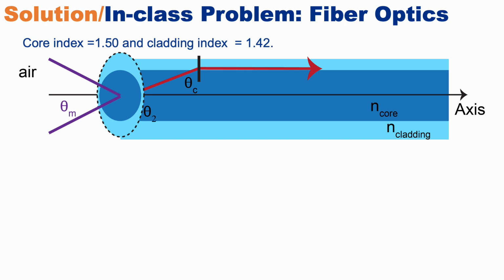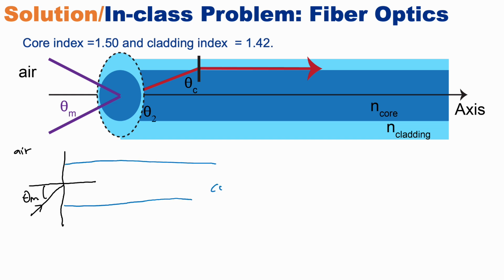Let me try to sketch this. This is going to be my air medium, this is my normal, and here I have my incident angle, the light travels. This is my acceptance angle, and now I'm going to have my core right here.